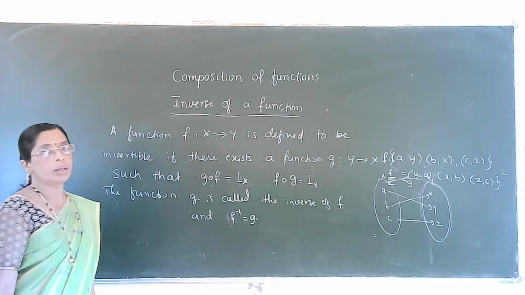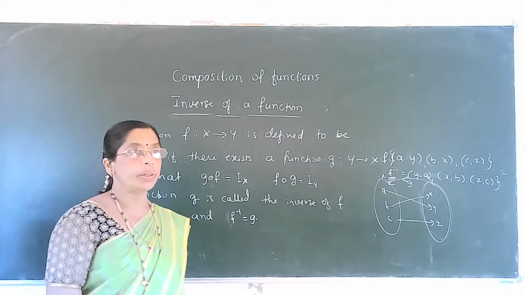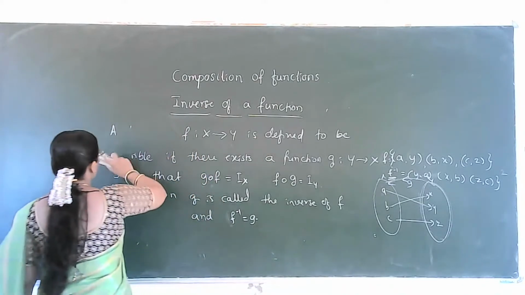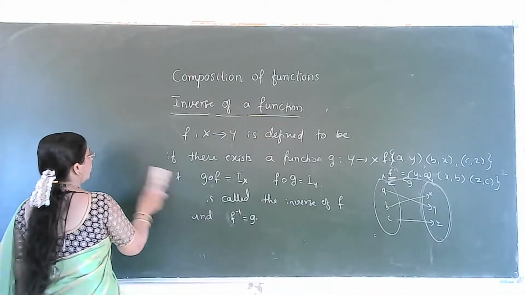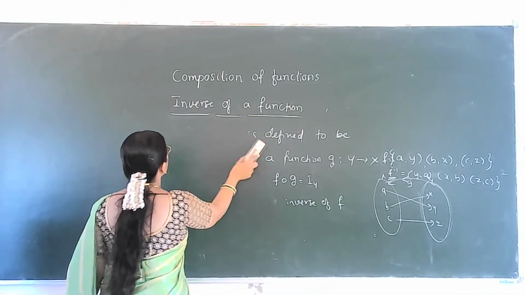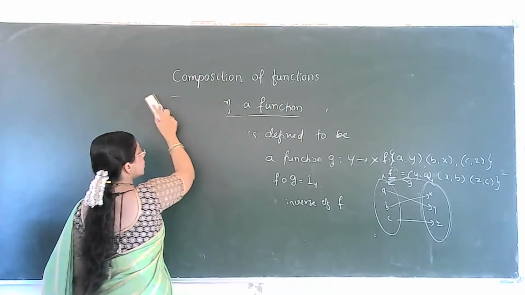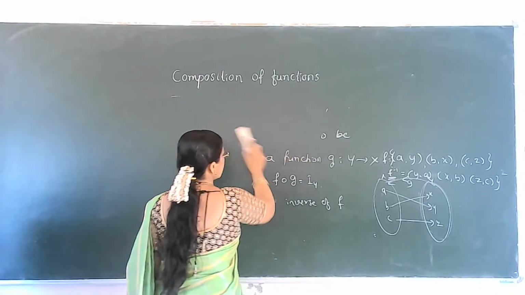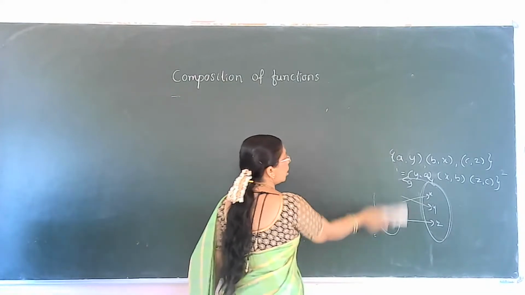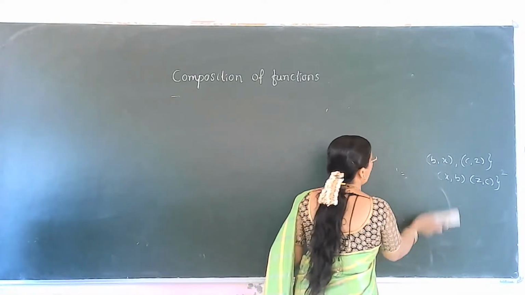So, if we solve problems on this, we solve this type of problem in two ways. If a function is one-one and onto, then we call the two functions invertible, one function being the inverse of the other.